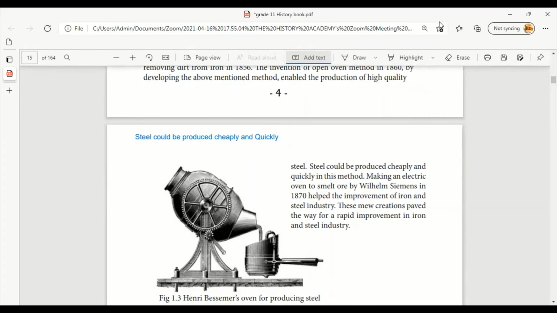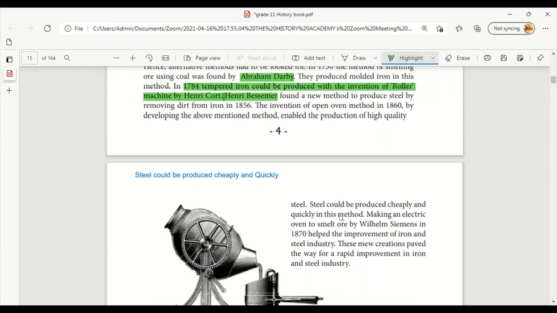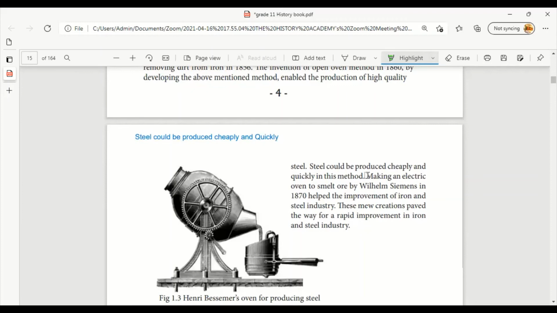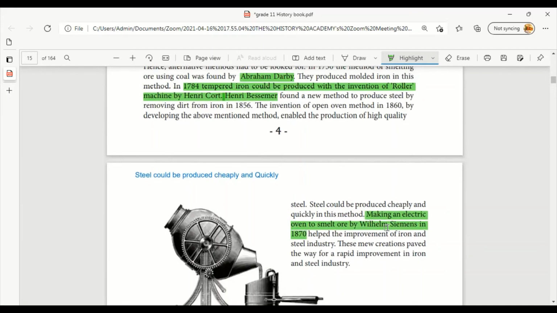And then another person, Wilhelm Siemens, right? In 1870, Wilhelm Siemens helped the improvement of the iron and steel industry. This new creation paved the way for rapid development, right? Wilhelm Siemens used an electric oven to smelt ore. At the beginning they used coal, but Wilhelm Siemens used an electric oven.